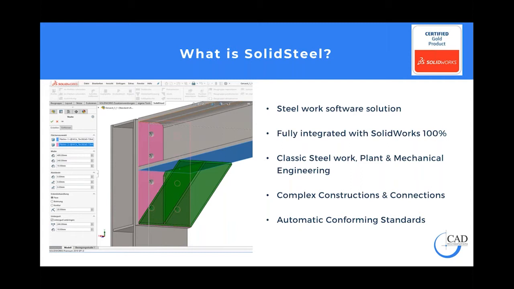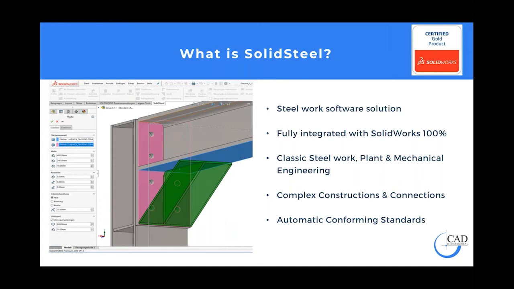In the screenshot, you can see SolidSteel is fully integrated into SolidWorks, just with a tab on the top. You may notice the version of SolidWorks is in German, so I'll answer the question before it comes in: yes, SolidSteel is supported in English as well as many other languages.